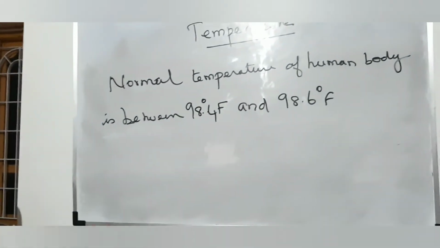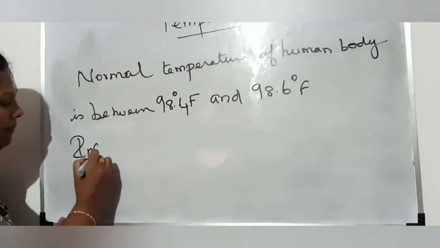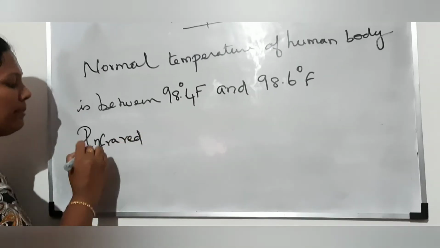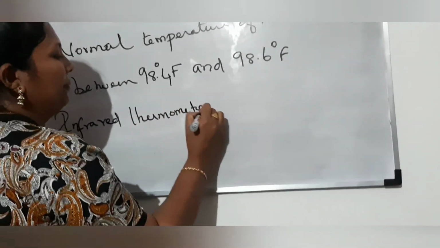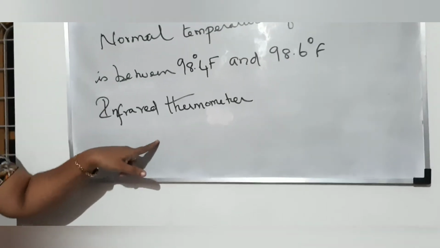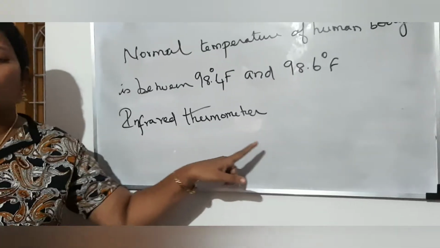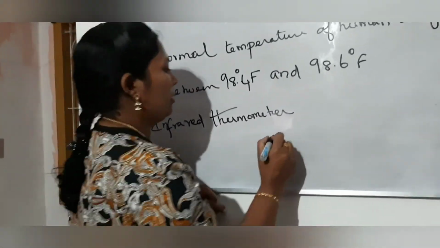Again, another thermometer is there. It's the infrared thermometer. What is the speciality in this? This thermometer can be used to measure the temperature of any object without any physical contact with it.